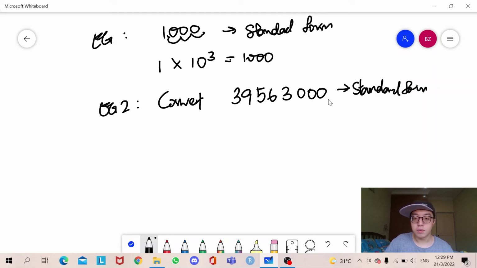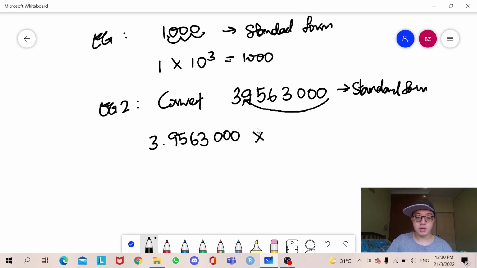So from here we're gonna move all the way backwards. So we will get 3.9563000 times the power of tens until you get back to this. So from here we go 1, 2, 3, 4, 5, 6, 7. So it's times 10 to the power of 7. Only then will you get the number here.